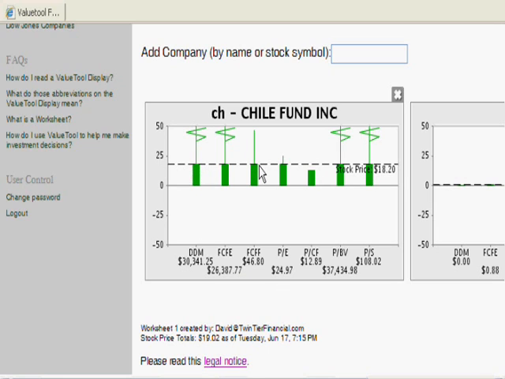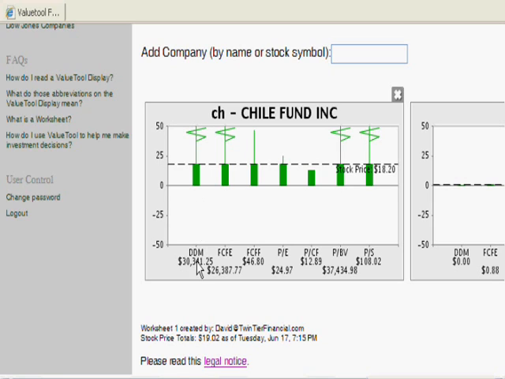These squiggly lines simply mean that the valuation is above 50. This works, of course, in reverse. Had this been down into the red, you would have seen a red bar coming down, going beyond the 50 mark here.